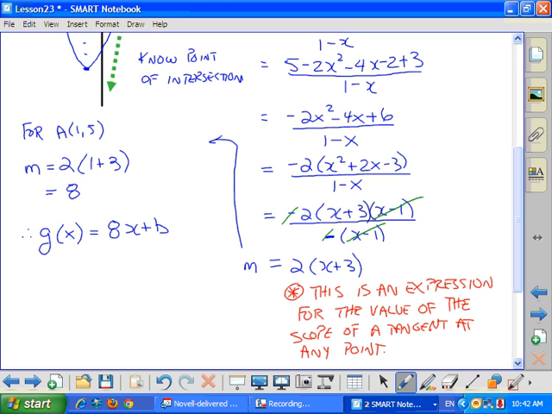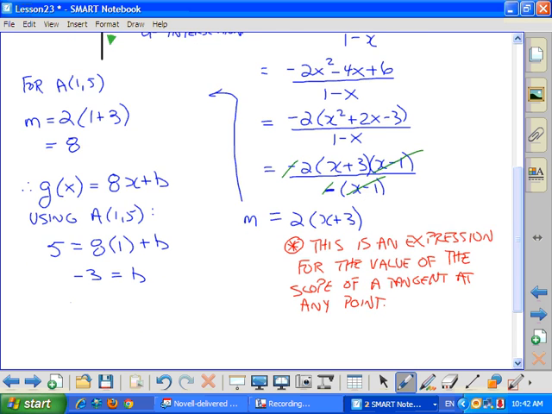But I know it passes through point A, which is (1, 5). So 5 would equal 8 times 1, plus b, and we'd end up with negative 3 equals b. So therefore, the tangent line is y equals 8x minus 3.